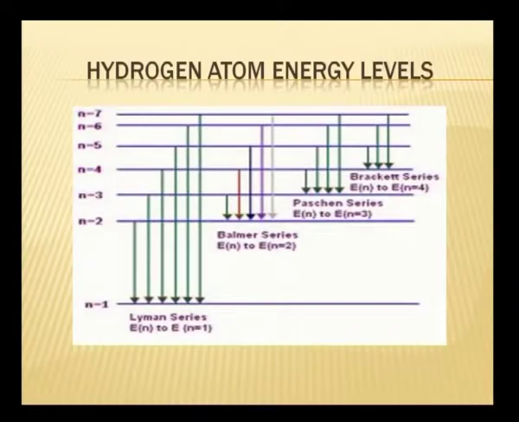For n equal to 4, there will be 4 orbits. One will be circular, the other 3 will be elliptical. In the Bohr atom model, what is n? n is called the principal quantum number. Remember, in the Bohr atom model, we had only one quantum number, the principal quantum number, designated by n.